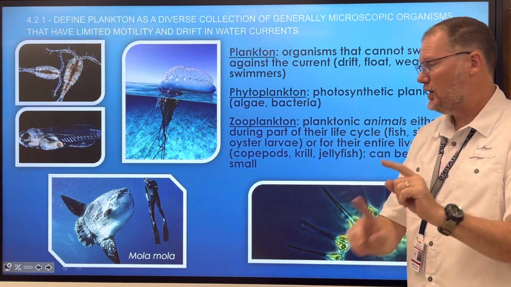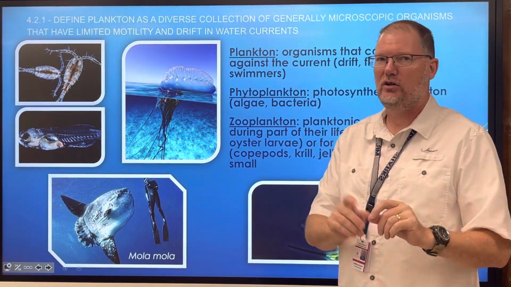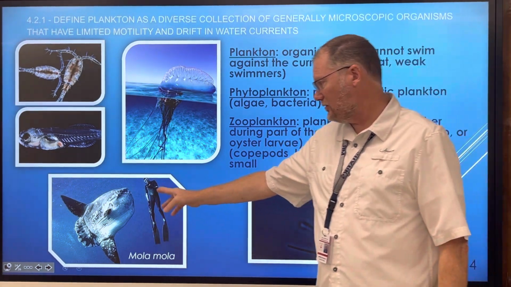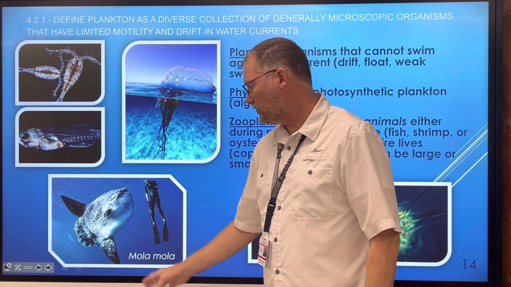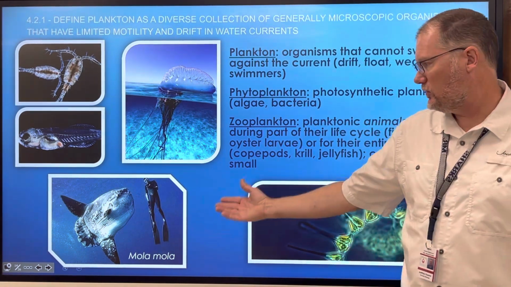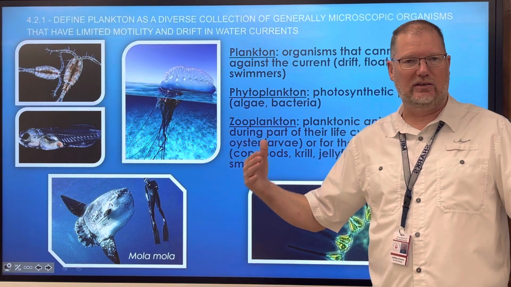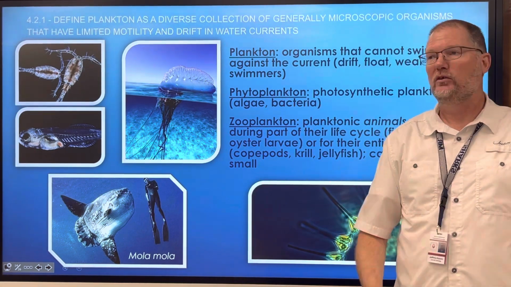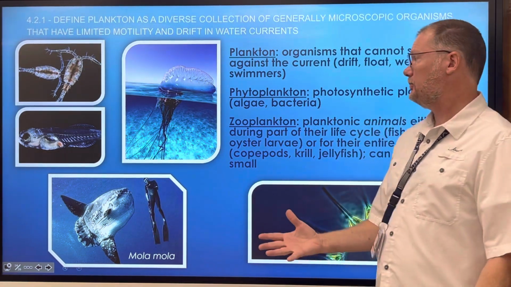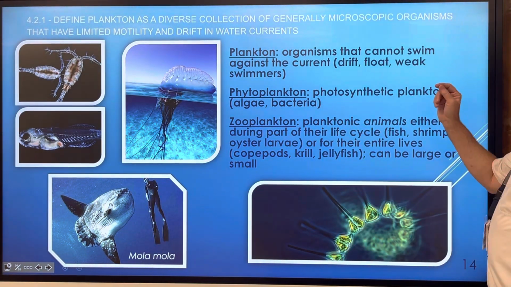However, some fish, like the sunfish, otherwise known as the mola, that's a good comparison in size. Very gentle creatures. They can't swim against the current. They go with the current. So technically, a gigantic organism like that is still planktonic.